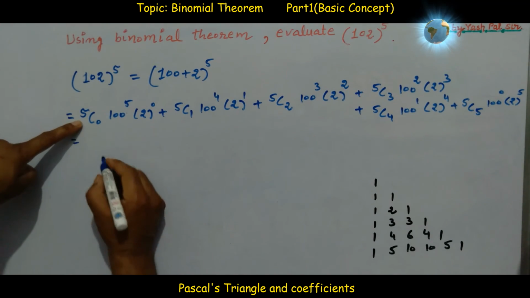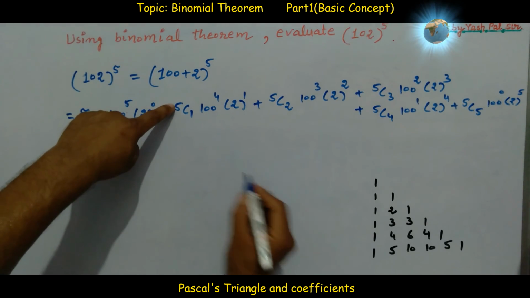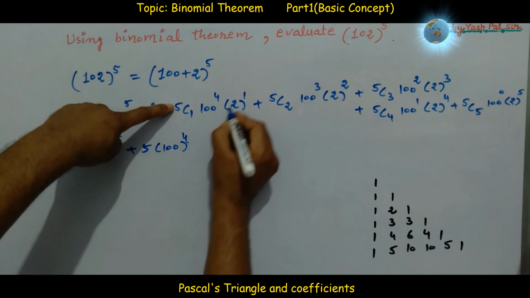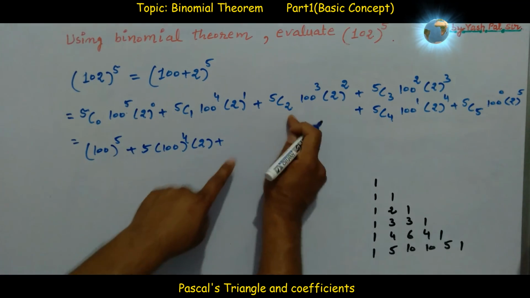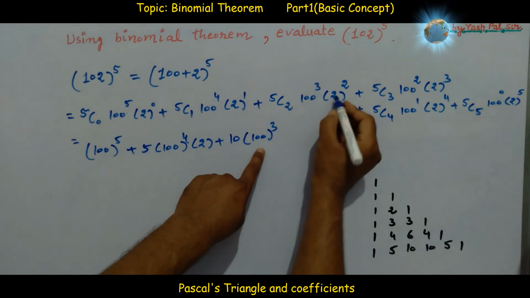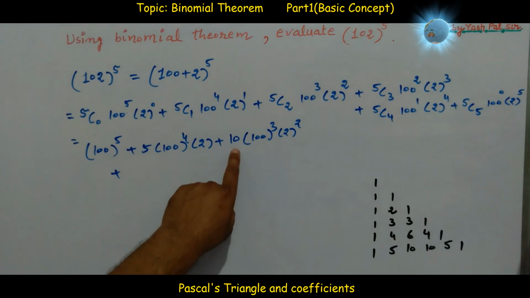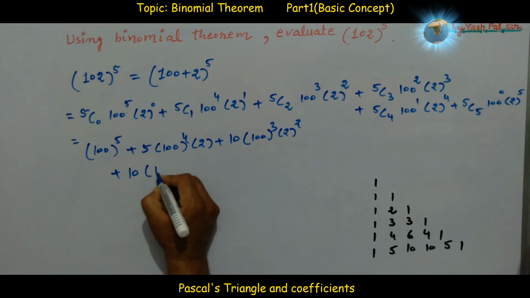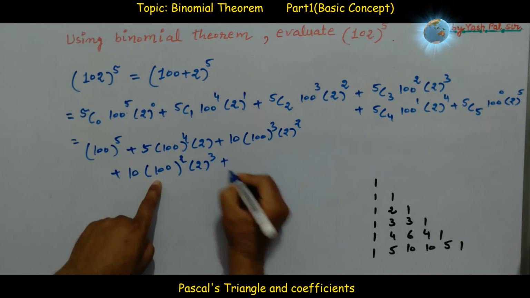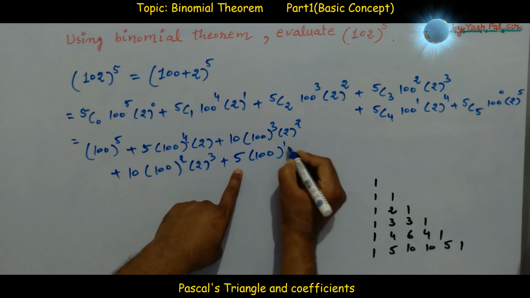This is 100 raised to the power 5, 2 raised to the power 0 is 1, plus 5C1 is 5 into 100 raised to the power 4 into 2, plus 5C2 value is 10 into 100 raised to the power 3 into 2 raised to the power 2, plus next is 5C3, this is also 10, 100 squared into 2 cubed, plus after 10 this is 5, the coefficient 5 into 100 raised to the power 1 into 2 raised to the power 4.